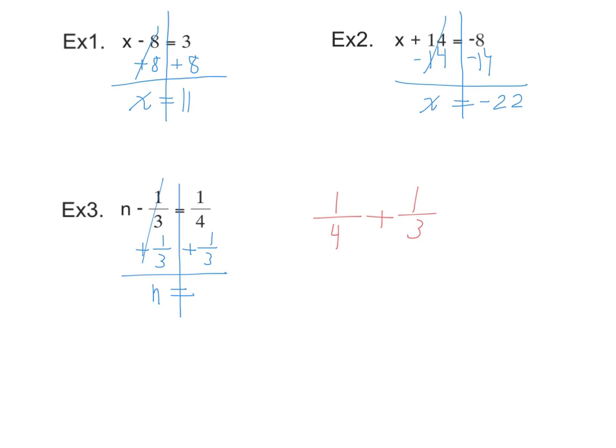They don't have anything in common, so I'm going to use 12. To make an equivalent fraction, in the first one, I'll multiply the top and bottom by 3. And in the second one, I'll multiply the top and bottom by 4. So altogether, I have 7/12.